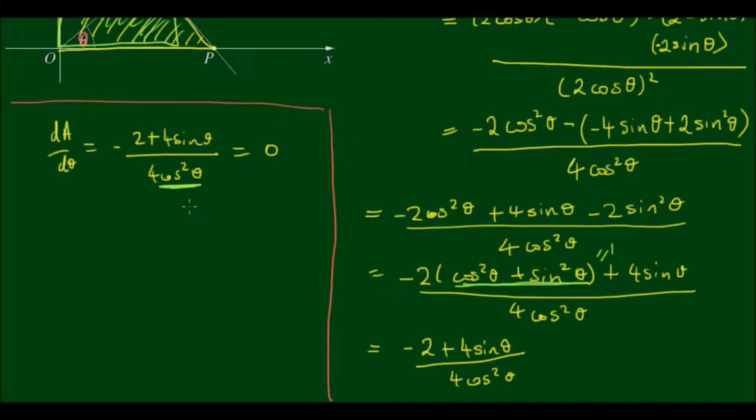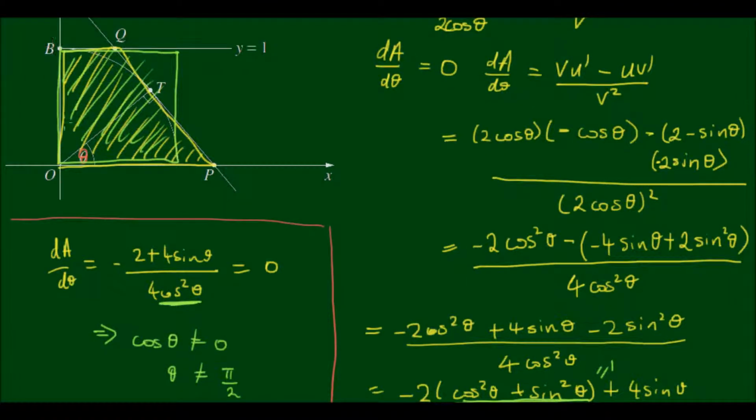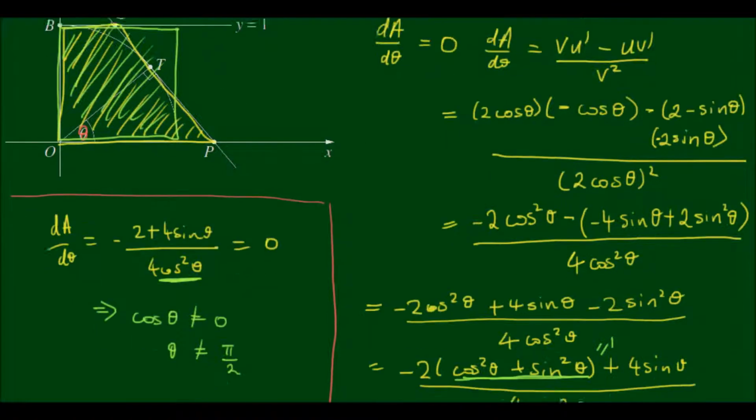So that means cos theta cannot be equal to 0. So that means theta cannot be equal to pi on 2. And as I said before, if theta was equal to pi on 2, we would have an infinitely large area.